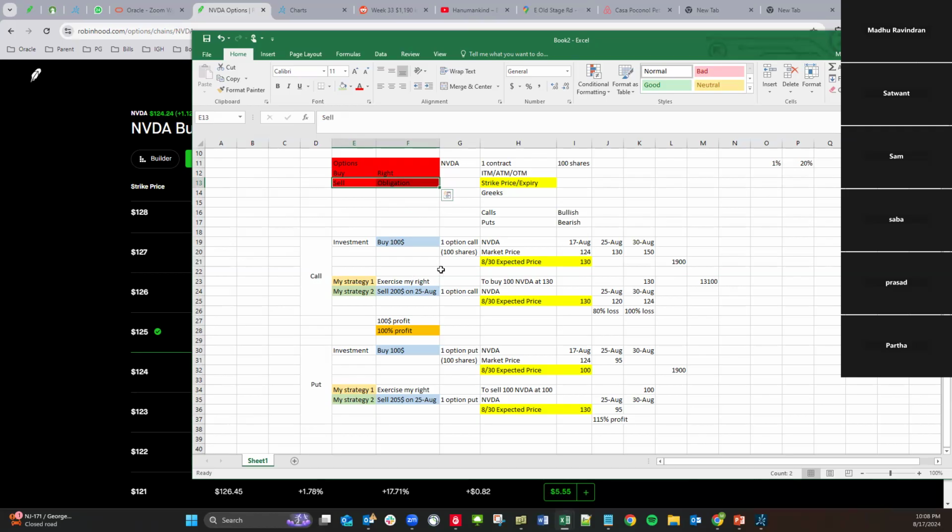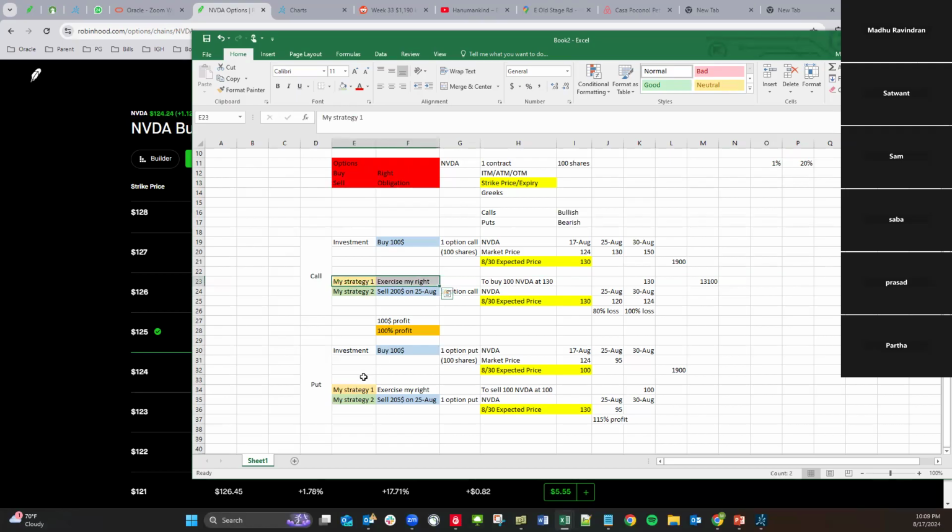In the case of calls, you might get assigned the shares, and I think the other way around for puts. But net, you will have to buy it, or you will have to buy from the market and then sell it. So when you sell, you should have enough capital, and most trading accounts block you from selling if you don't have the capital in case it has to be exercised.